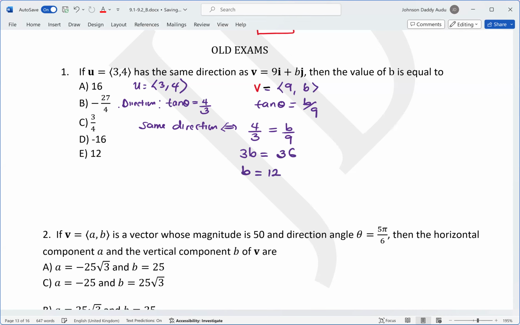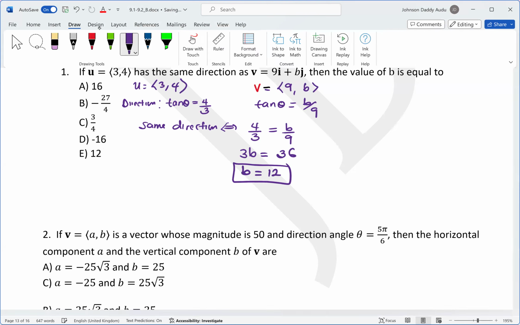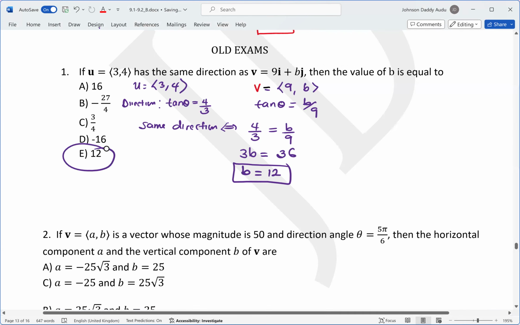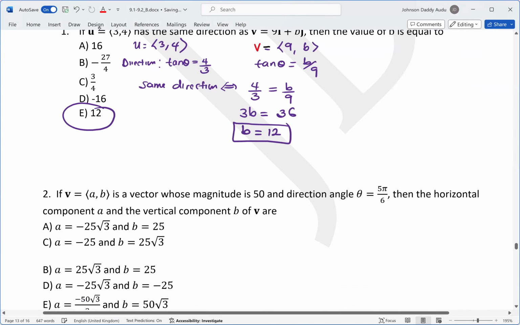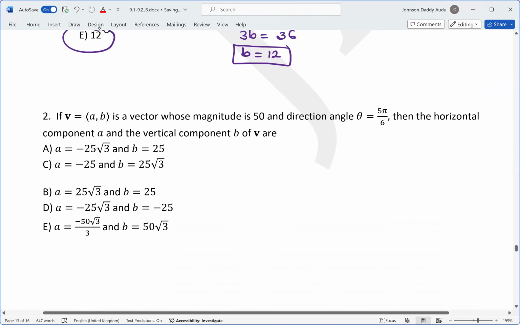So B is equal to 12. And then we have this one to be the answer. So E.